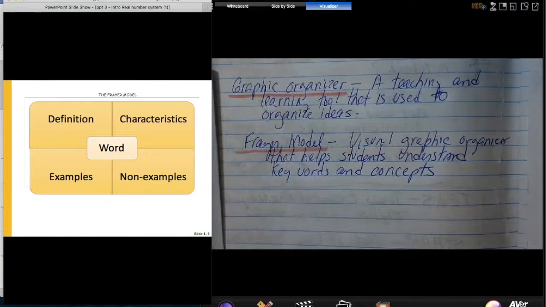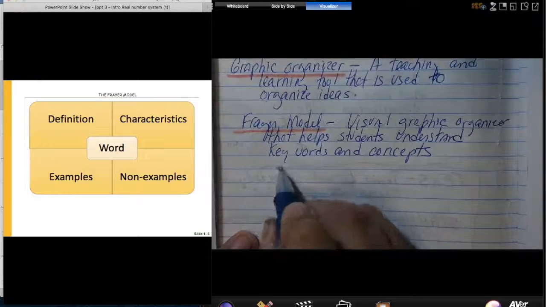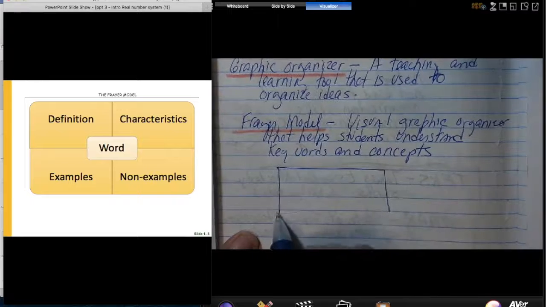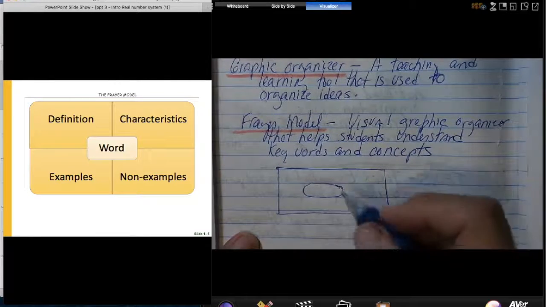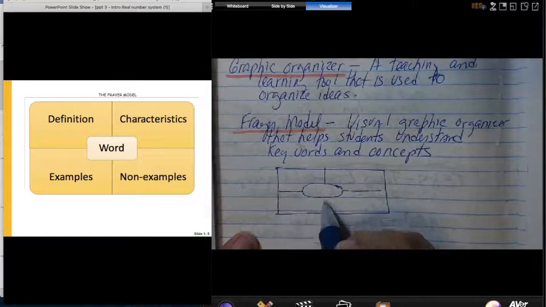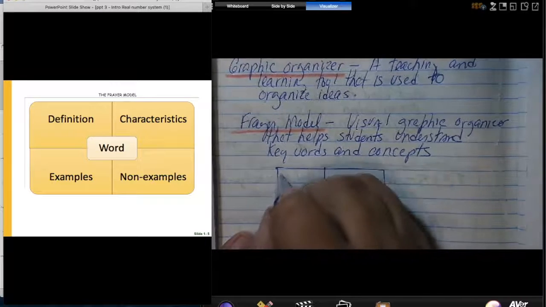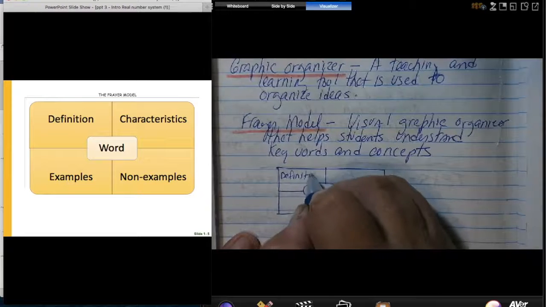Okay. Now the Frayer model has 4 sections with a vocabulary word in the center. So I'm just going to draw a quick sketch here of a rectangle with an oval in the center. And over here we put the definition on the upper left-hand side.